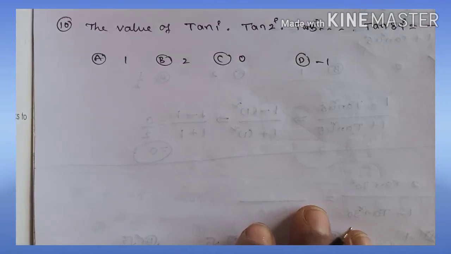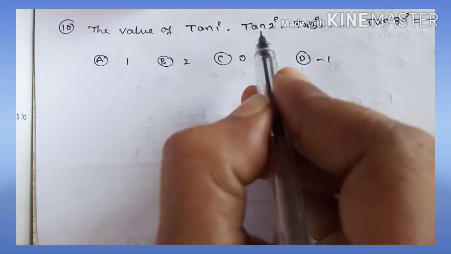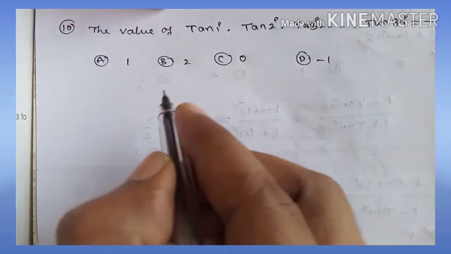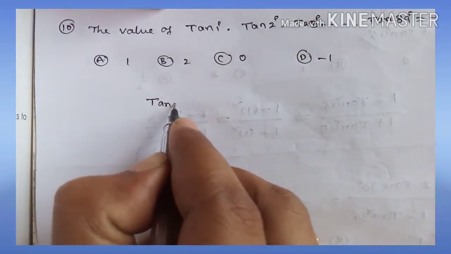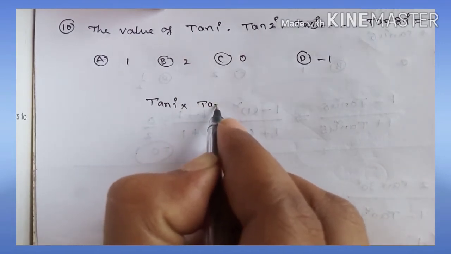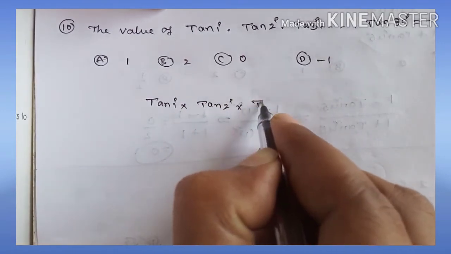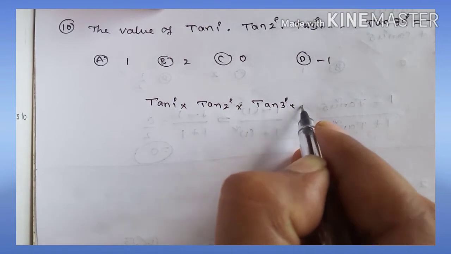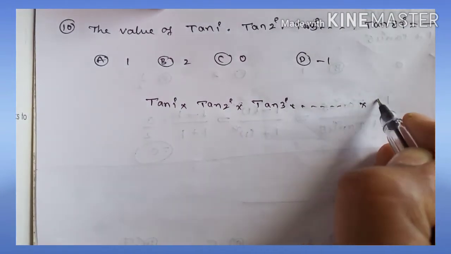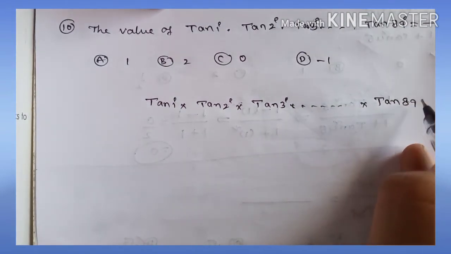Now the next question, tan 1, tan 2, tan 3 and so on up to tan 89. Tan 1 degrees, tan 2 degrees and tan 3 degrees and so on up to tan 89 degrees is the problem, right?